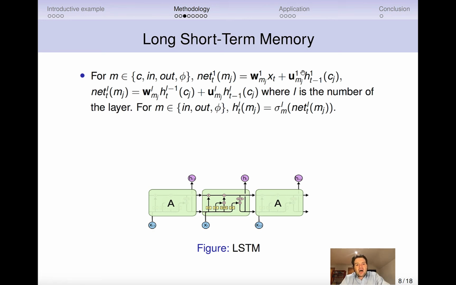But in fact, this is the output of the first layer, not the output of the whole neural network. Therefore, this is very close to what we have seen for a net in the case of recurrent neural network: the new data that enters and the output at the previous time, the output of the first layer.